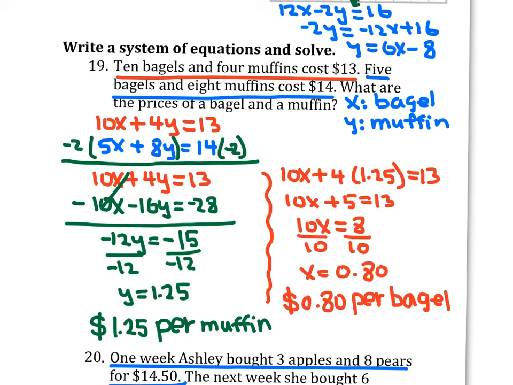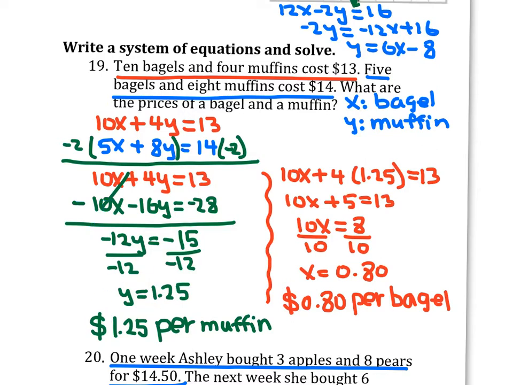Number 19, another word problem. 10 bagels, which is x, and 4 muffins, which is y, cost $13. 5 bagels and 8 muffins cost $14. I'm going to multiply this entire equation by -2 so that my 10 will cancel. Here we go, 10x will cancel.